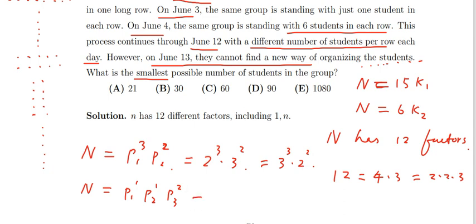And for this one, maybe we can say it is 2 times 3 times 5 squared. We just pick a smaller one, 2 squared times 3 times 5. We check which one is smallest.